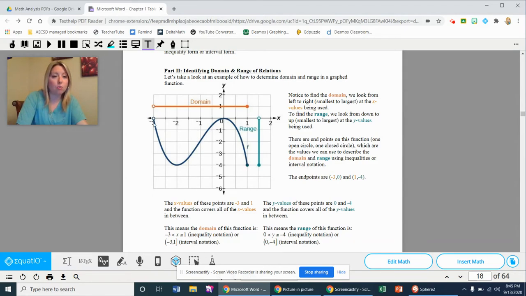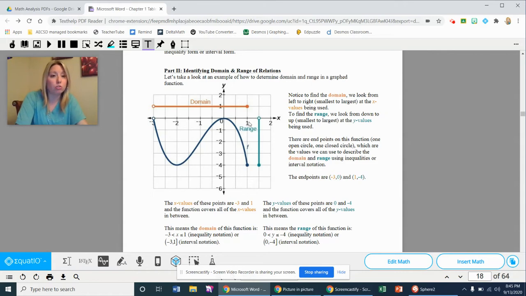And so domain is always kind of the easier one to tell what it is because we naturally, as English speakers and readers, read left to right. And so because we read left to right, it's kind of easy to see left from right. Oh, this is where we start and this is where we end. So this is my first x value and I cover all the x values from here to here where we end.